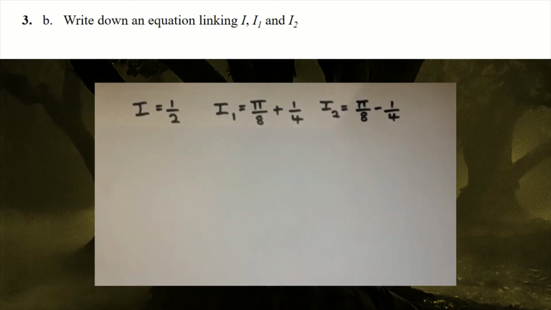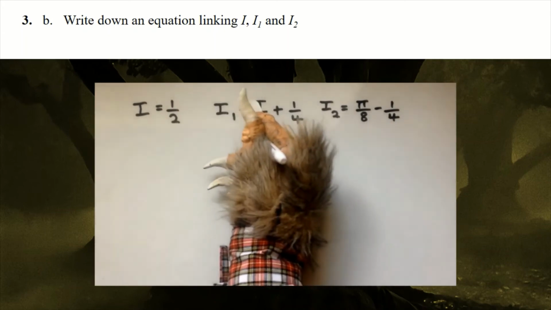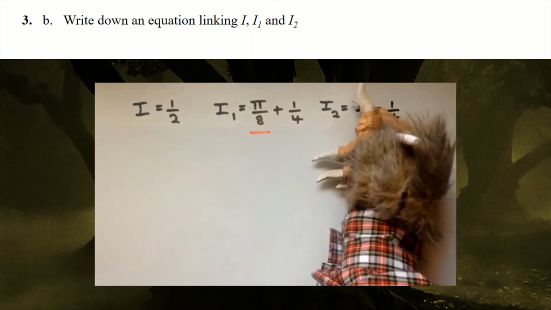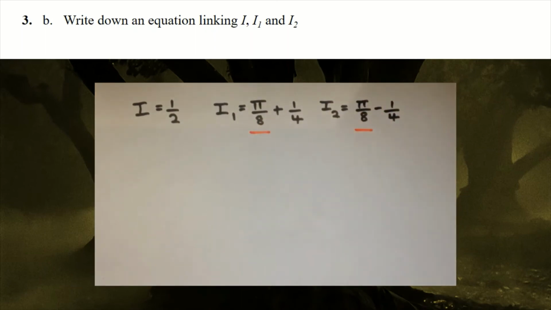If this is the case, I'm going to have to knock out the pi over 8, which we can see here, and the pi over 8 from I2 as well. This means a subtraction.